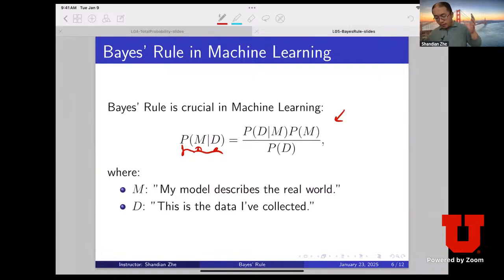Namely, given the current data, which is probably not in my hand but in a super big cloud storage, what's the likelihood that my particular model will be the ground truth model, or the best model to describe the world?